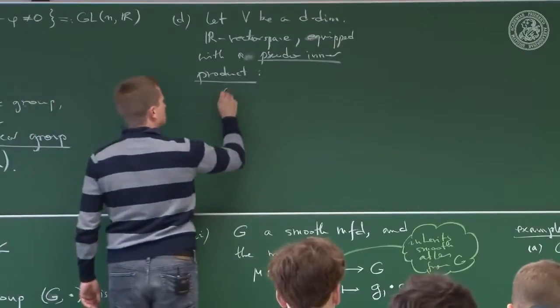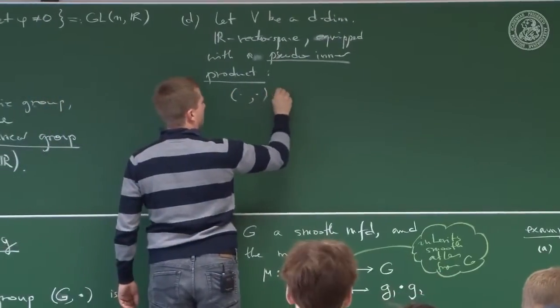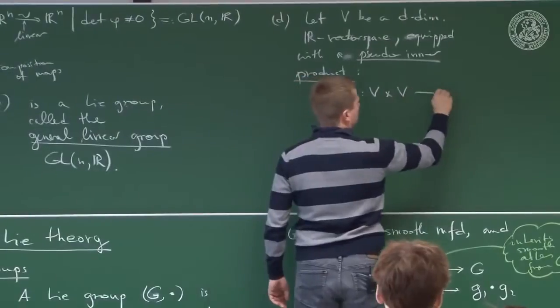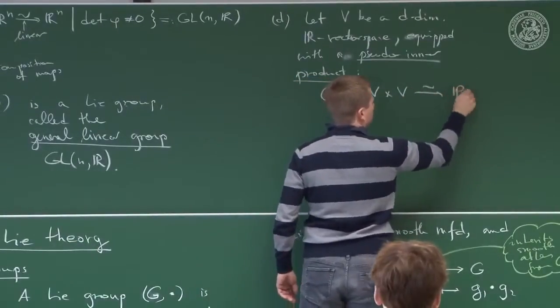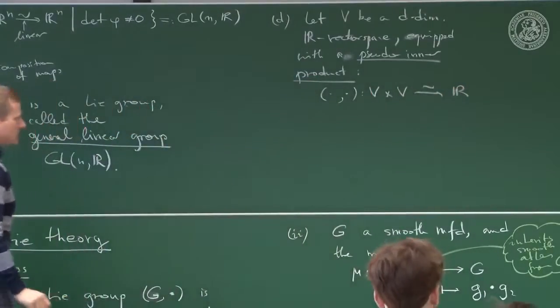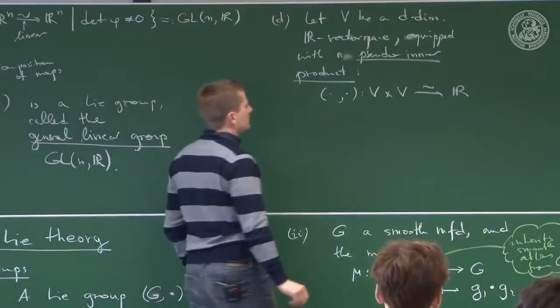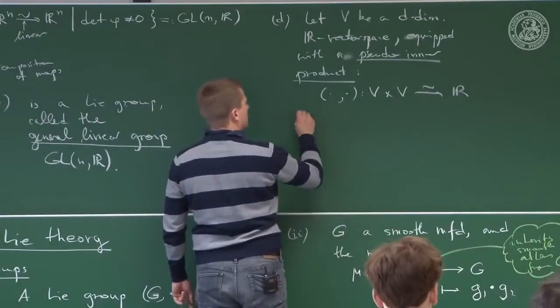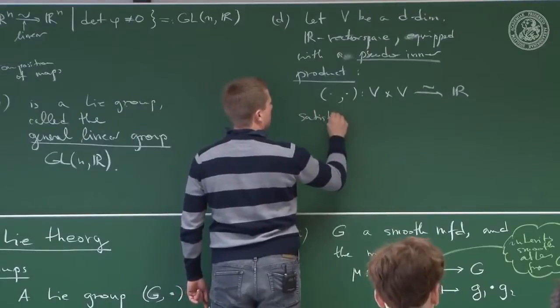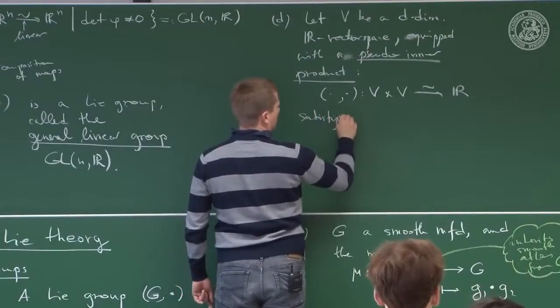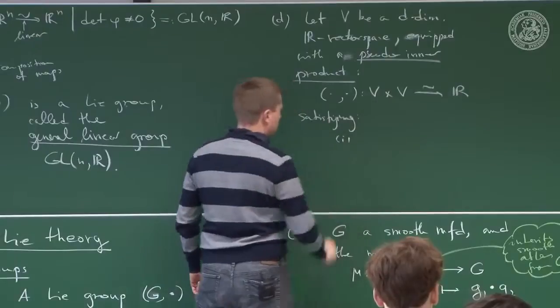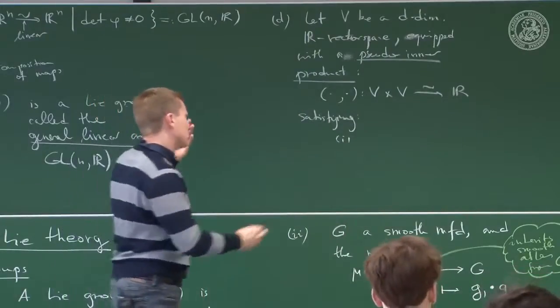Well, a pseudo inner product is a bilinear map that takes you from two vectors to the real numbers, that satisfies, well, first of all, it's bilinear.